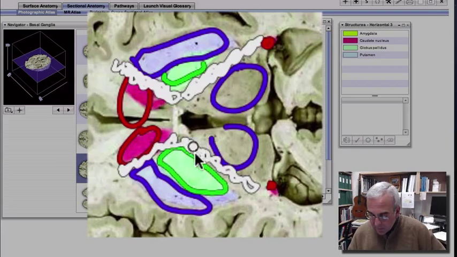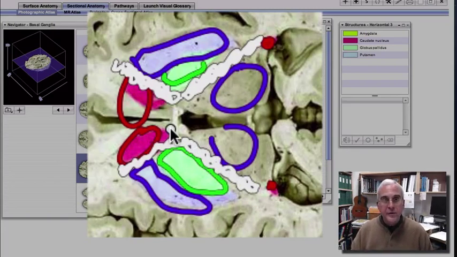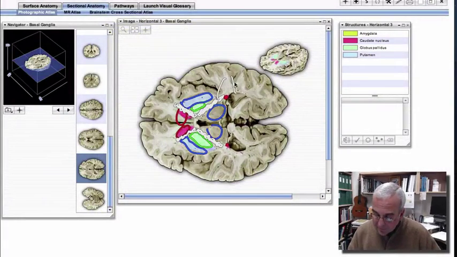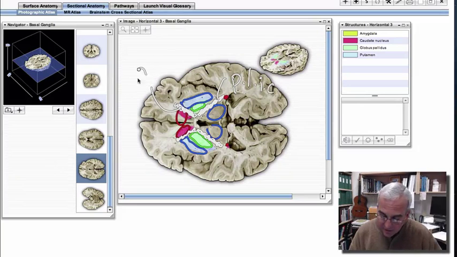I'm doing it in a way that hopefully brings to light the posterior and the anterior limbs of the internal capsule. So this is the posterior limb of the internal capsule, and this would be the anterior limb of the internal capsule.